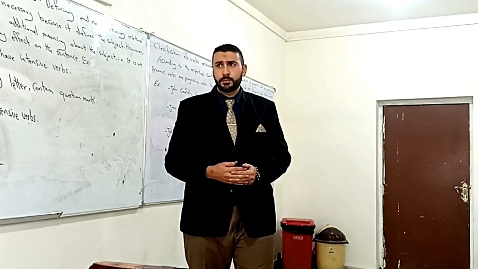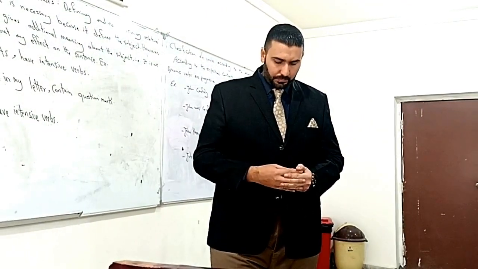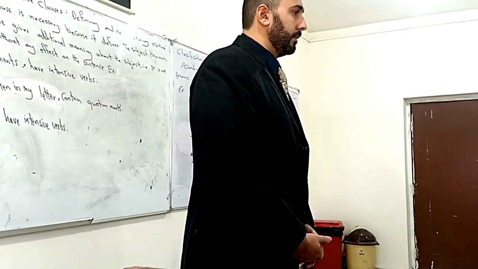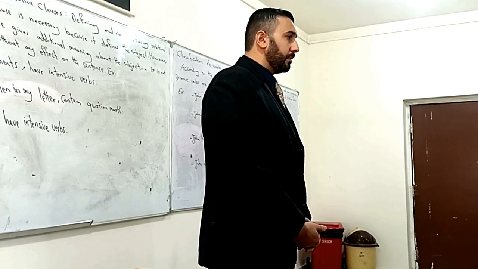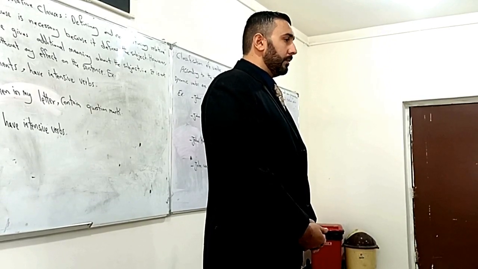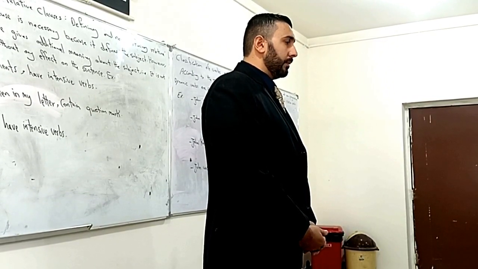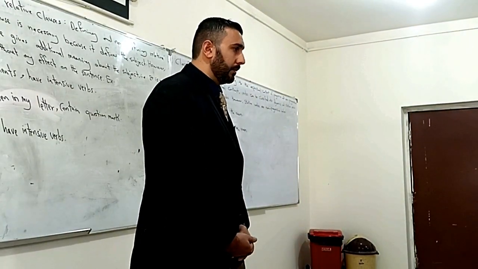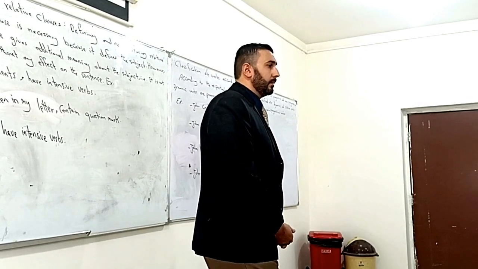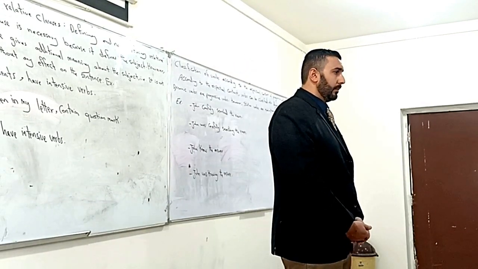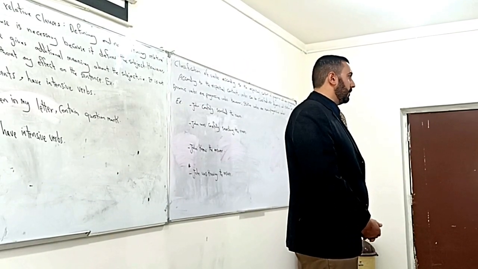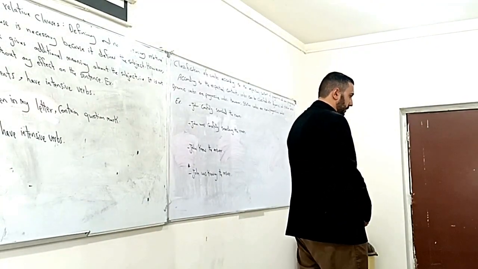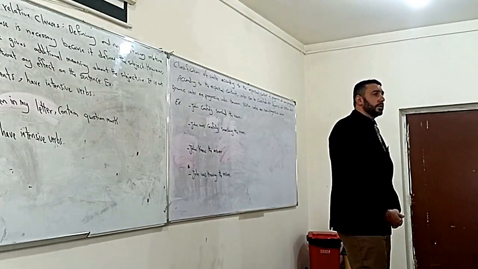The direct object is the more frequent kind of object, and the indirect object must always be accompanied by a direct object in that sentence. Yes, thank you. Any other addition? Yes, Maria?